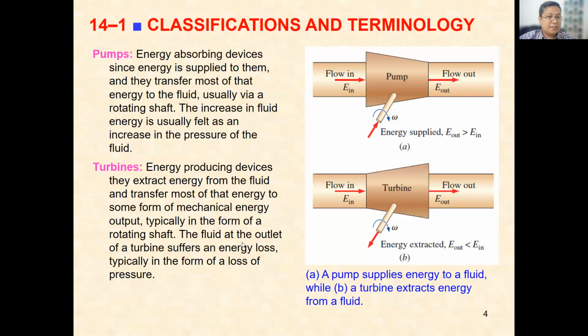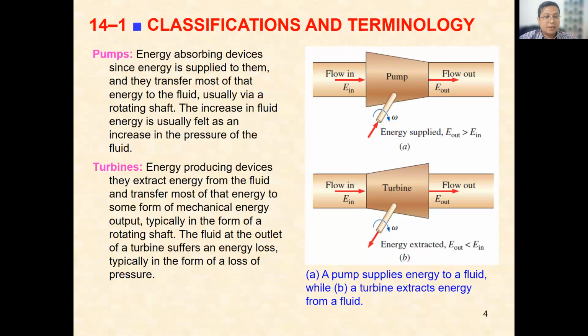And then the turbine is an energy producing device. They extract energy from the fluid and transfer most of the energy to some form of mechanical energy output, typically in the form of a rotating shaft. Typically, we try to utilize energy from the fluid and transfer it into mechanical work by rotating the shaft.